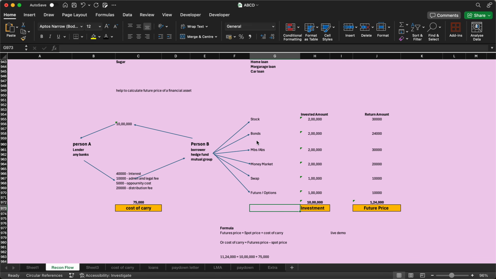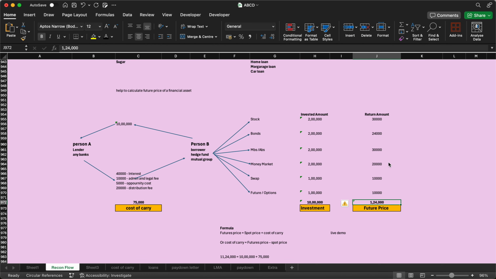Their portfolio manager or fund manager has done some research and they invest in some products, and the amount is decided by their risks and rewards. They invested 2 lakh, 2 lakh, 2 lakh, 2 lakh, 1 lakh and 1 lakh, and then they got a return at the end of a month or year.